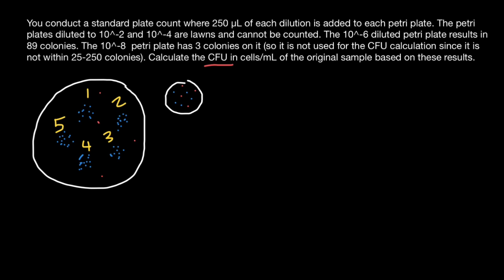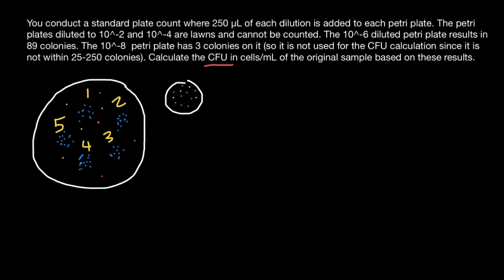We may also have some bacteria that are dead. These bacteria also are not going to form any colony here, and we are not going to count them. So colony forming units means bacteria that form colonies, so viable bacteria.